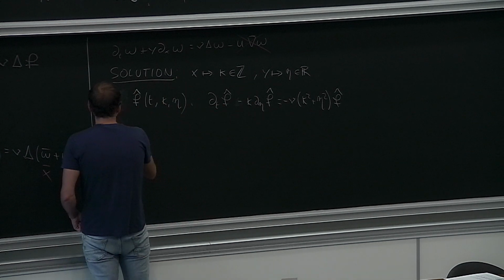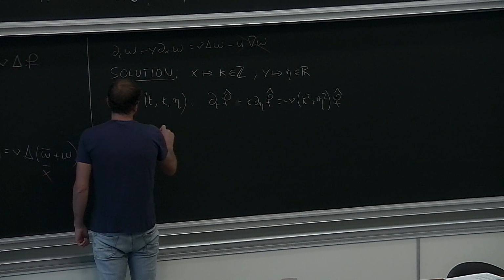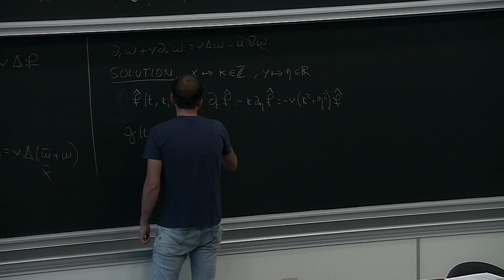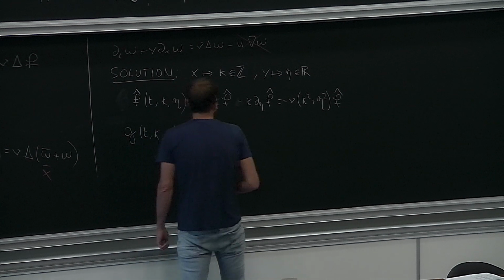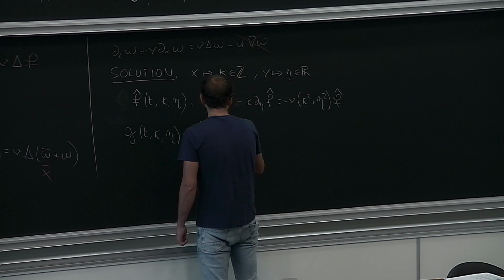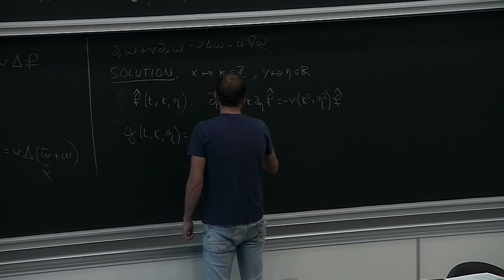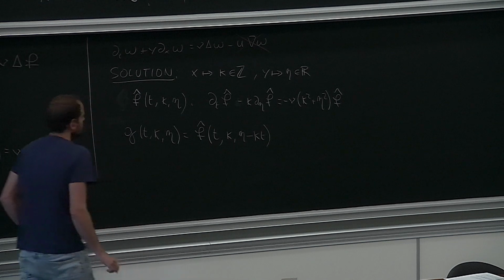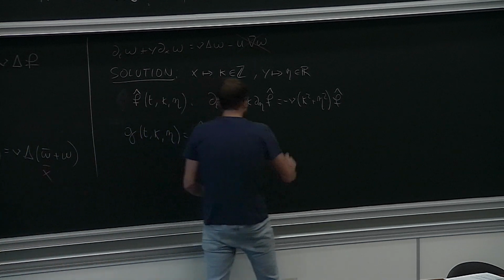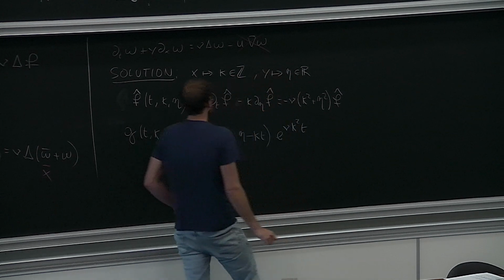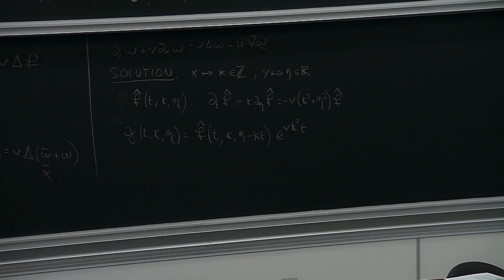Let me define a new function, which is f hat at t, k, eta minus kt, and I can also undo the x diffusion, multiplying by e to the nu k squared t.